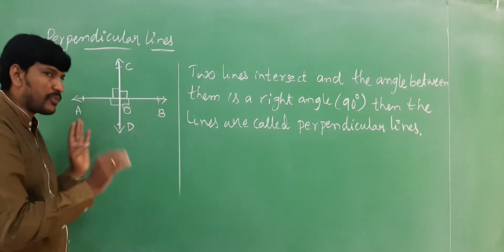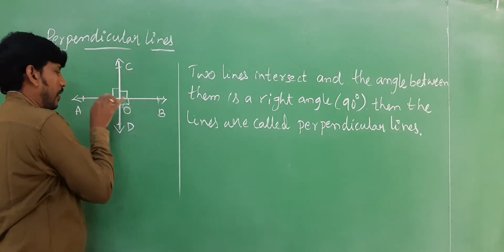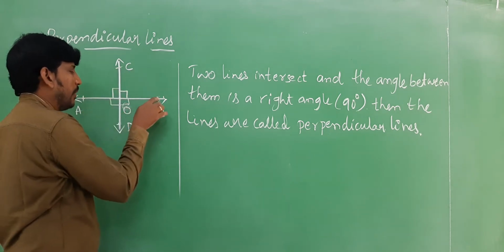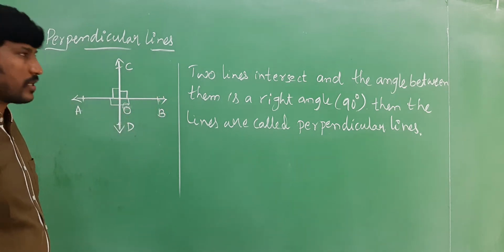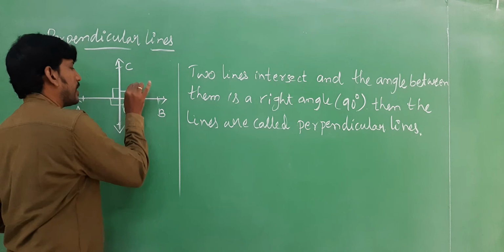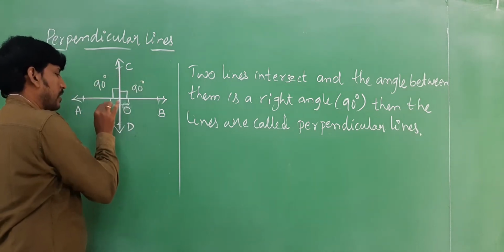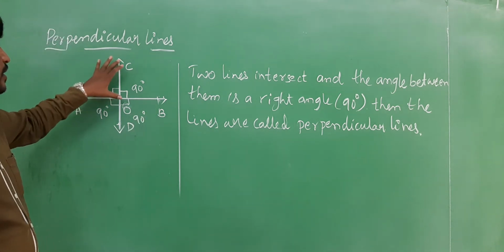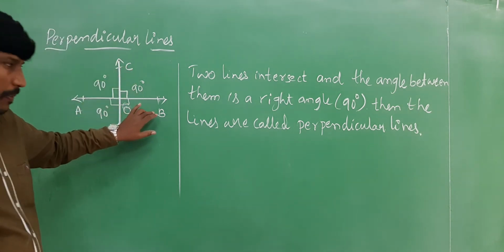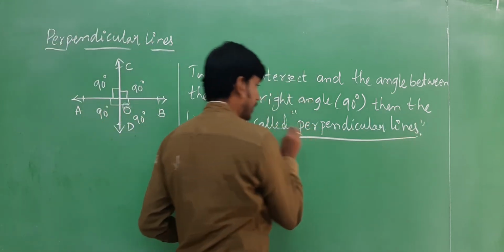There are 4 angles formed. AOC, AOD, 2 angles. BOC, BOD, again 2 angles. Each angle is equal to 90 degrees. This also 90 degrees. This also 90 degrees. And this also 90 degrees. Clear? Then you can say these two lines are perpendicular lines. That's the definition.